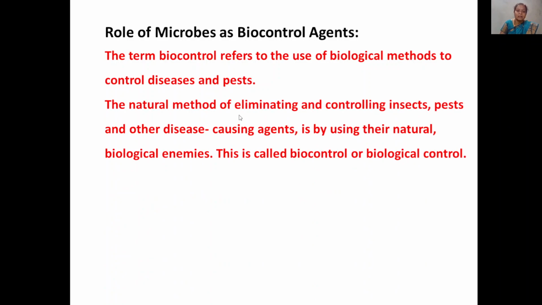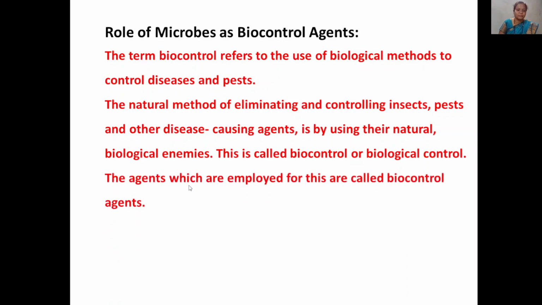The natural method of eliminating and controlling insects, pests, and other disease-causing agents is by using their natural biological enemies. This is called biocontrol or biological control. The agents which are employed for this are called biocontrol agents. Microbes are one among them.